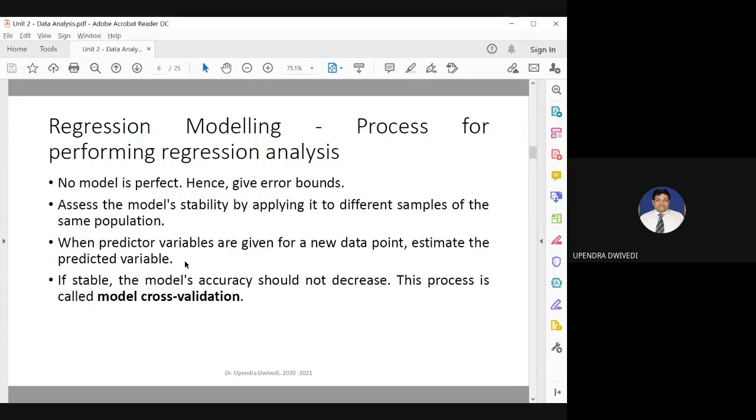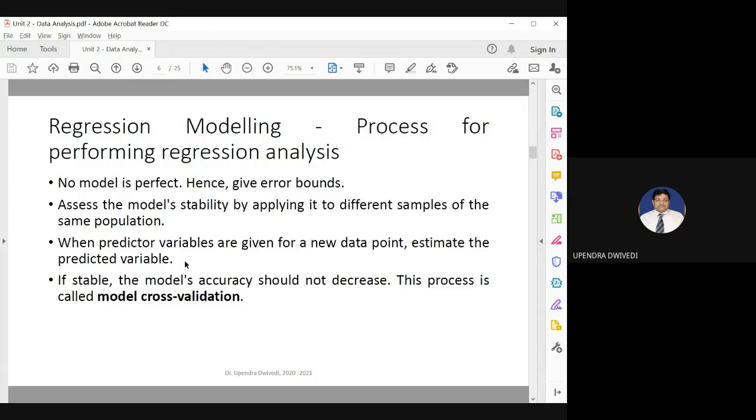If stable, the model accuracy should not decrease. So with a lot of training and testing, your model accuracy should not decrease. It doesn't mean that it will never decrease with the training data, but it should not decrease on a significant level. It can move up and down, it can give a volatile result, but it should not decrease at a significant level.